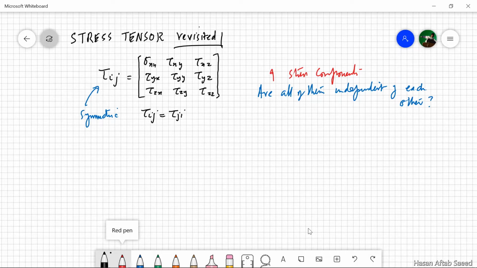That is, tau xy is equal to tau yx, tau xz is equal to tau zx, and tau yz is equal to tau zy. This makes our life simpler because we need only to figure out 6 stress components instead of 9 to completely know the state of stress at a point.